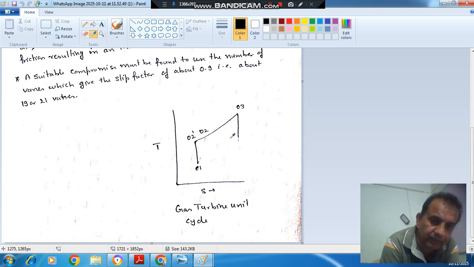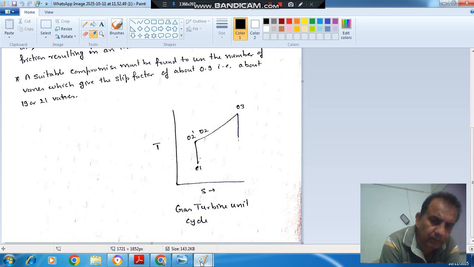The turbine has to supply more work when the process is non-isentropic. So supplying less heat is an advantage, and supplying more work is a disadvantage. Overall, it is a disadvantage. So power input factor should be equal to 1.